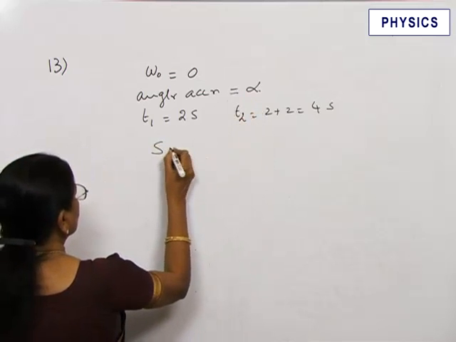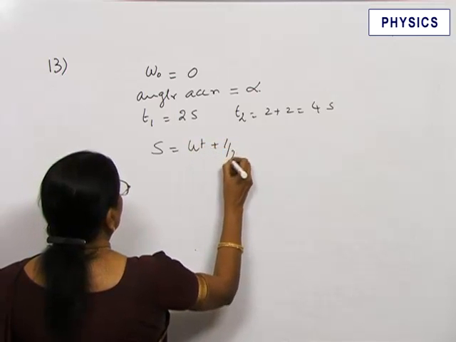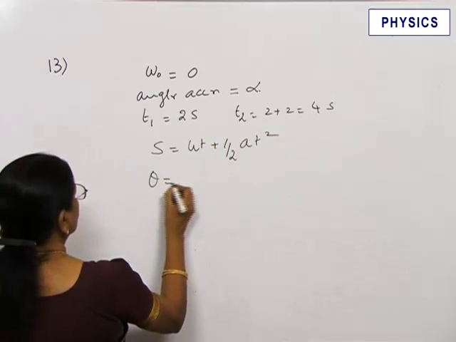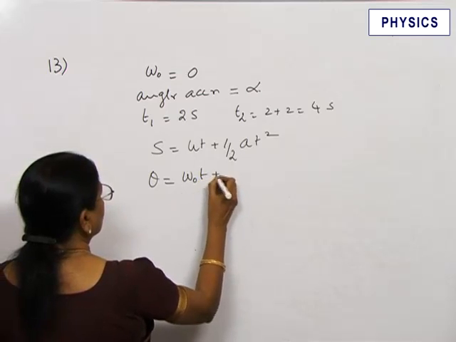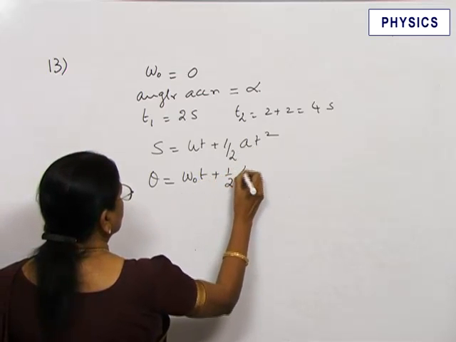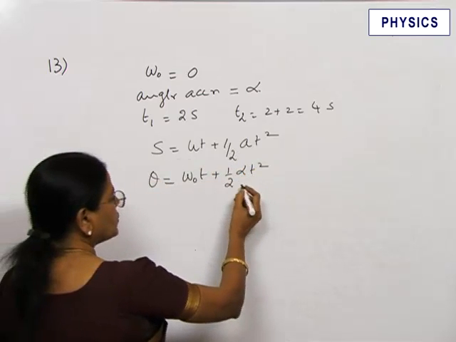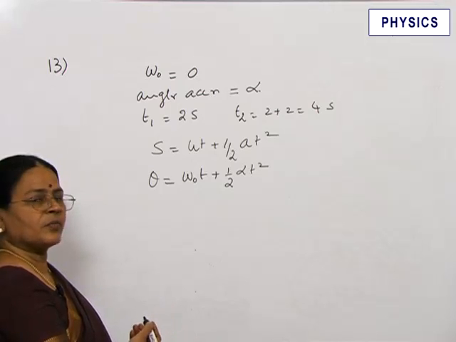What is it for linear motion? s equals ut plus half a t squared. Now this is angular displacement, this is initial angular velocity, so omega 0 t, and this is angular acceleration. So this is the equation to be used for circular motion or rotation, right?